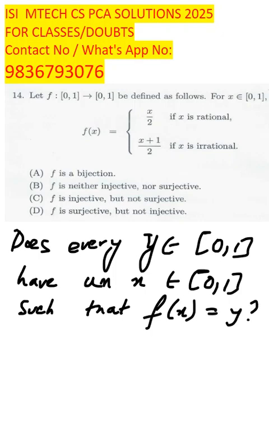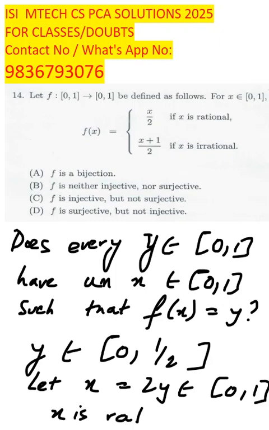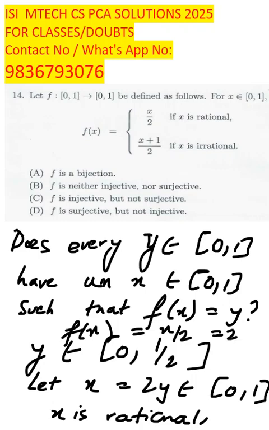So here case 1 is what? That y represents (0, 1 by 2), correct? So let x be 2y, which represents (0, 1). Okay, and if x is rational, so then f(x) will be what? Then f(x) will be x by 2, so that is 2y by 2, so that is y.